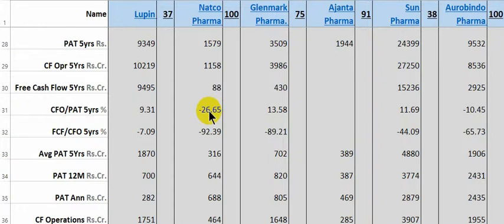I stand corrected, it was not negative, but the cash flow was short by 26.6% of its earnings. That is, the company had shown earnings of 1500 CR. Against that, only 1100 came in as cash.